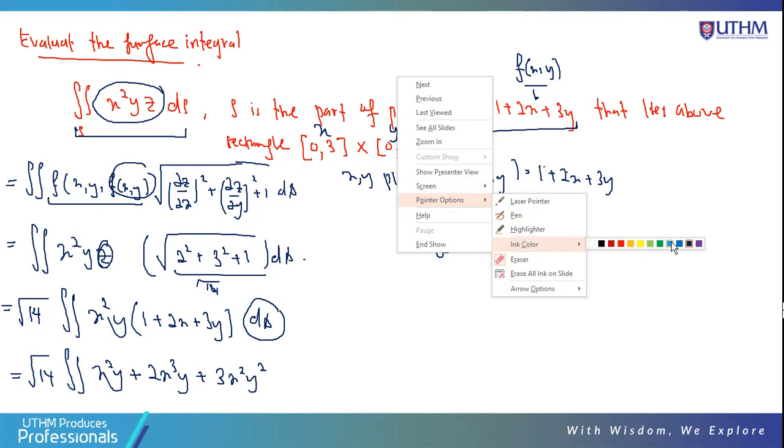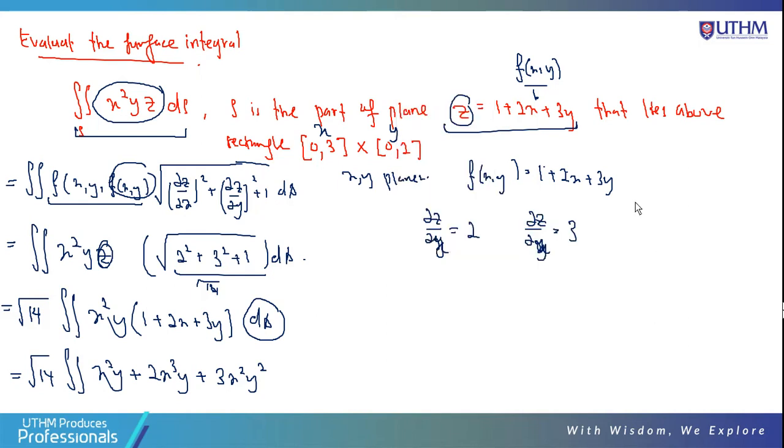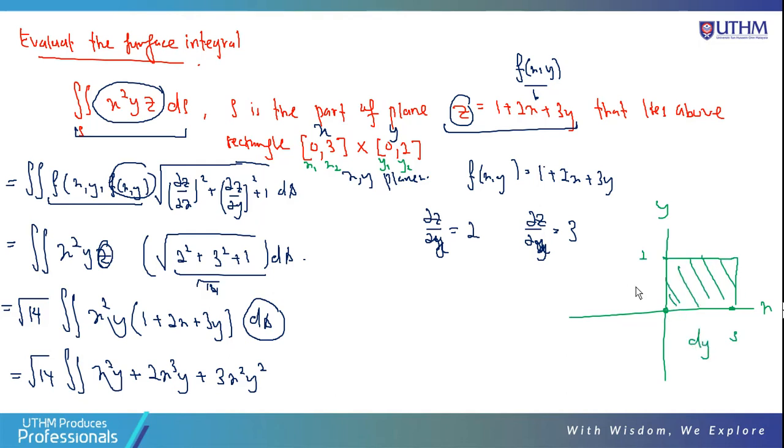In this notation, this represents x, so x1, x2, y1, y2: x1 is 0, x2 is 3, y1 is 0, y2 is 2. So this is a rectangle, and this is its projection area.